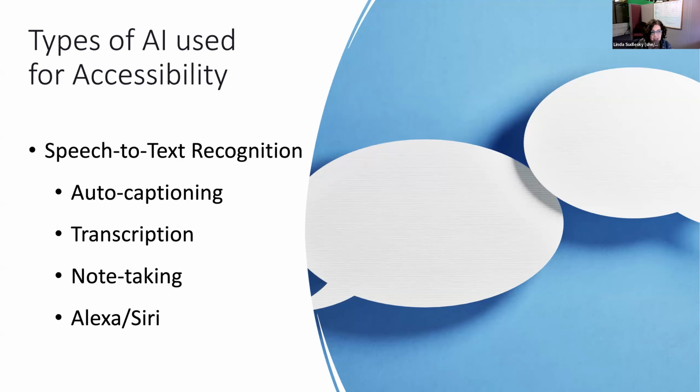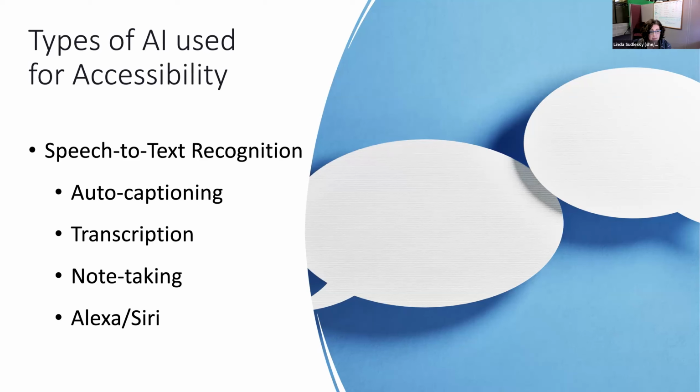Additional types of AI used for accessibility are speech-to-text recognition. What comes into play there is auto captioning and transcription. It's used for note taking for students who may have learning disabilities, or also for writing.